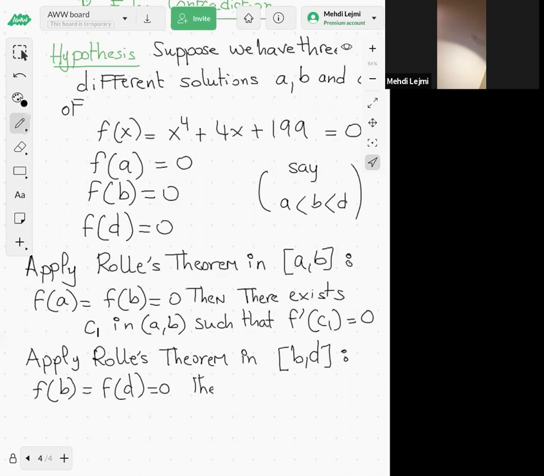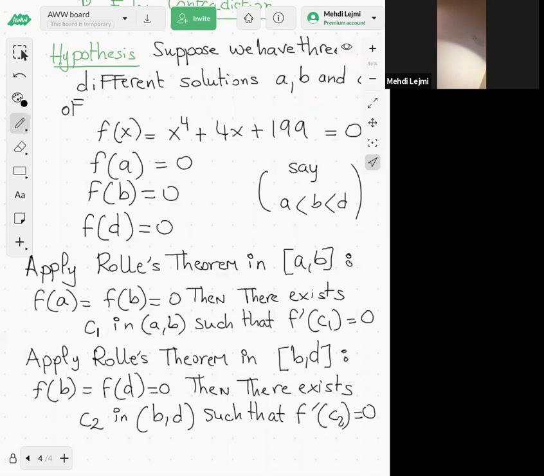So by Rolle's theorem, there exists C2 in the interval BD such that f prime of C2 is 0.